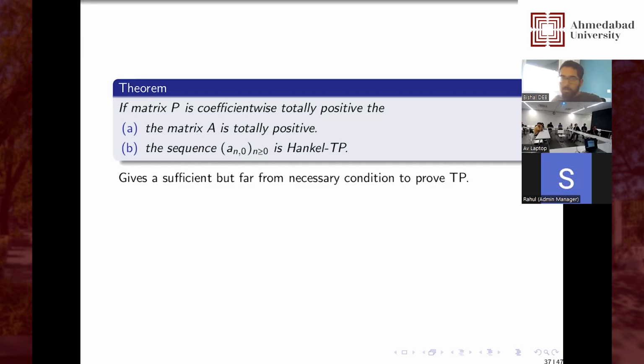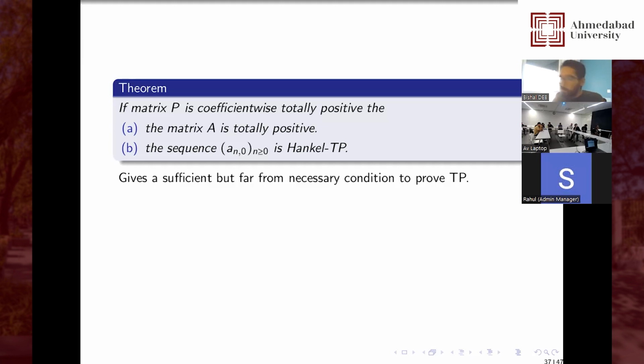So let me just recall. One technique for proving coefficient-wise total positivity was the existence of Stieltjes type continued fractions. But then I told you about how to go beyond Stieltjes type. And so far, one of the most powerful techniques in our arsenal is this production matrix method. But it's still far from sufficient.